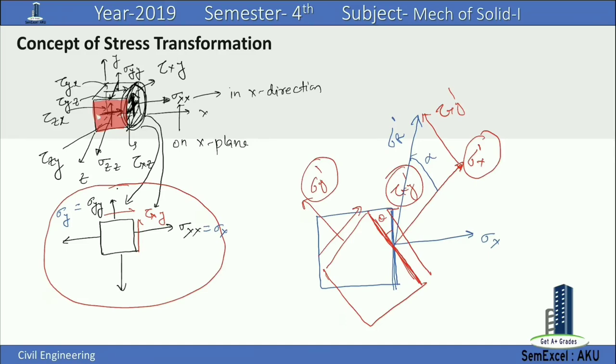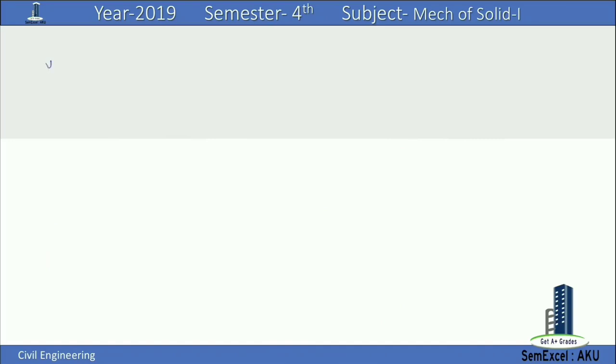Now we have some formulas to calculate sigma x dash, sigma y dash and tau xy dash. So let's see the formulas. Sigma x dash is equal to (sigma x plus sigma y) by 2 plus (sigma x minus sigma y) by 2 cos 2 theta plus tau xy sin 2 theta.